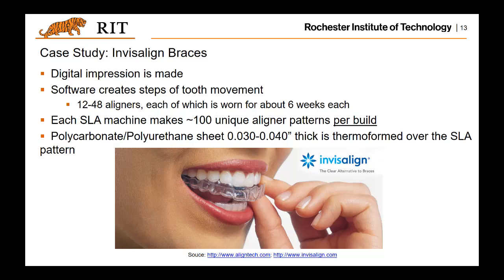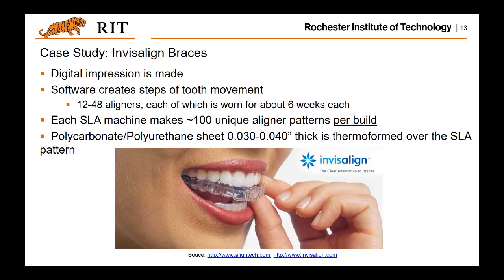The material is polycarbonate or polyurethane with 0.03 to 0.04 inches thickness. The polycarbonate material is pretty rigid.